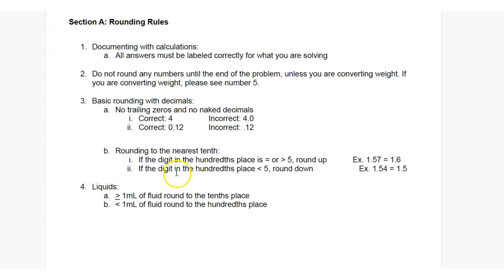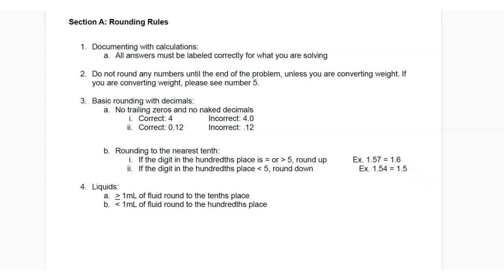Now, if the digit in the hundredths place is less than 5, you round down. An example would be 1.54. Looking at this number over here, it's less than 5, so knowing that, we have to round down. So now our answer would be 1.5.